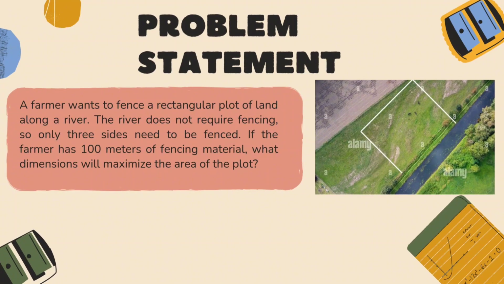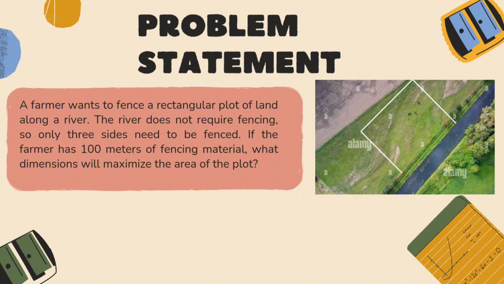Thank you, Luqman. So today we will explore a real-world problem involving optimization. Imagine a farmer who wants to fence a rectangular plot of land that borders a river. Since the river itself serves as one side of the boundary, fencing is only required on the remaining three sides. The farmer has 100 meters of fencing material available.